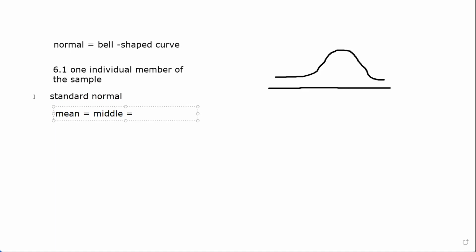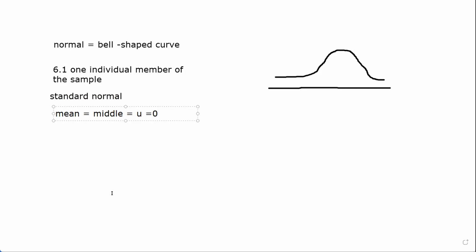The mean here is going to be mu, which is that thing that looks like a U. That middle could be 0, it could be some other number. But if it's the standard normal, then it's the Z and it's 0.